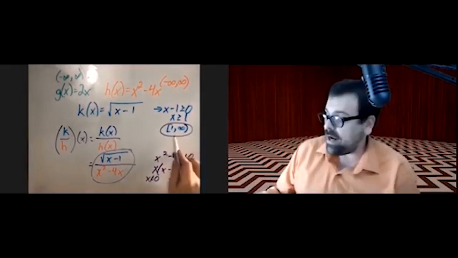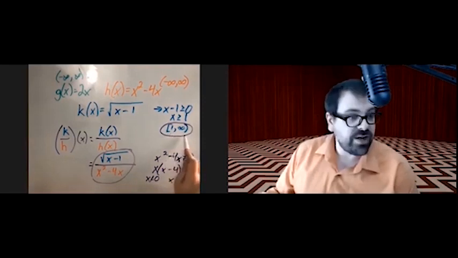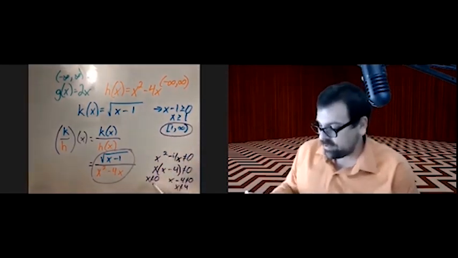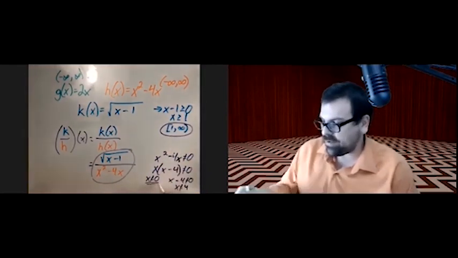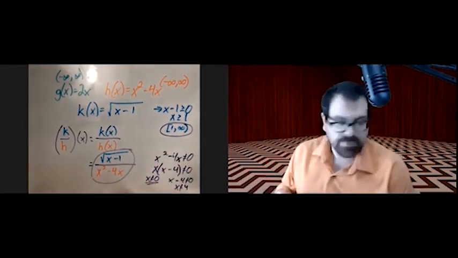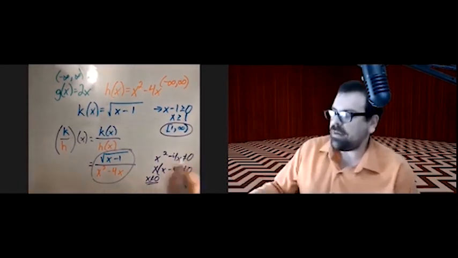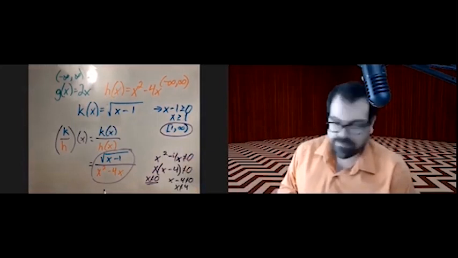We already have the domain narrowed down to being 1 to infinity, including 1. 0's not in there anyway, so we don't have to worry about it. It's already excluded by not being a part of the intersection.